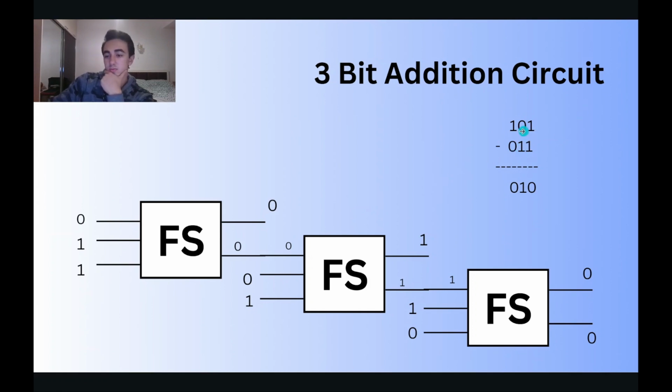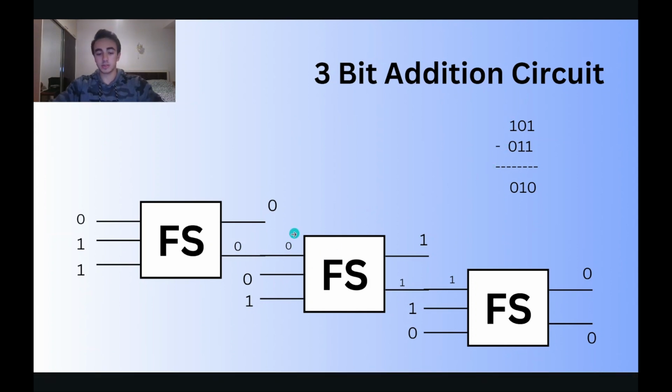First column, 1 and 1. The borrowing is 0 because we don't have a value here. The difference is 0, borrow out is 0. Second column, 0 and 1.